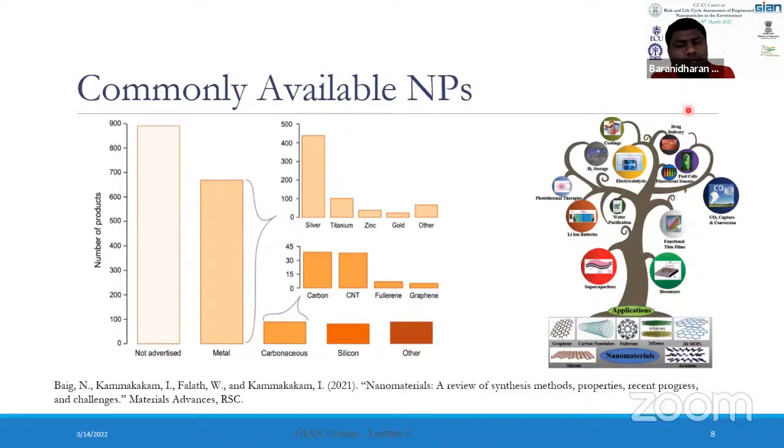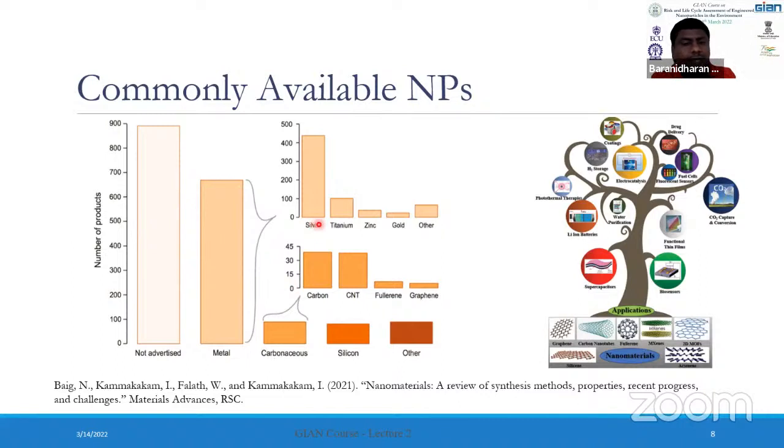So it all depends upon the purpose for which these nanoparticles or nanomaterials are used. Either it can be in the antibacterial field, or it can be there as a hydrogen storage, or it can be done as a specific coating onto the metal sheet so that its life can be extended. So again, with respect to the metal nanoparticles, silver dominates.